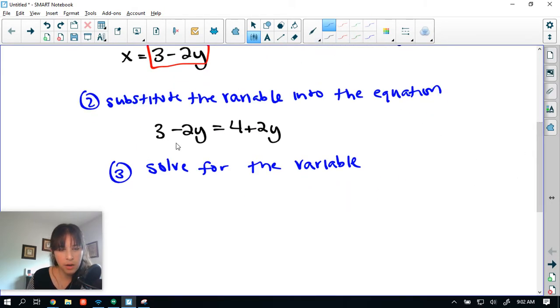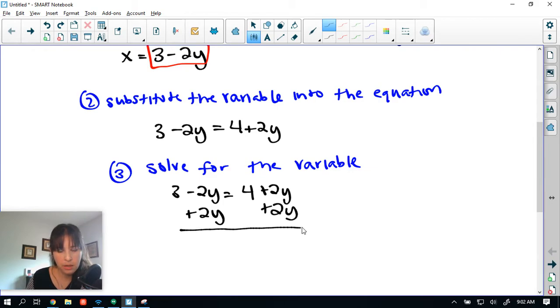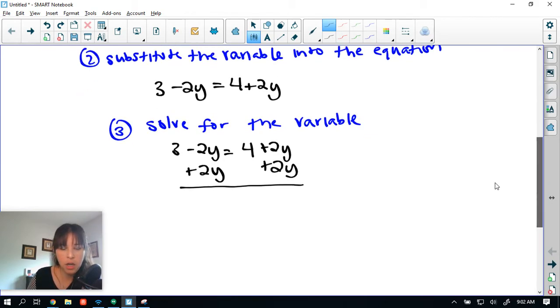All right, so now we are looking at 3 minus 2y equals 4 plus 2y. There we go, this plus. I'm going to add 2y to each side, get my variables onto a single side of the equation, get my constants onto the other side of the equation.